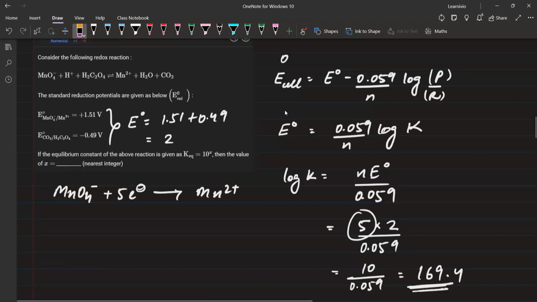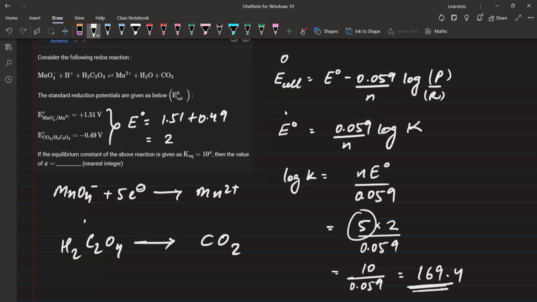So if you look at H2C2O4, it will give CO2, right? Now C is +3, and carbon dioxide is +4. Now, here there are 2 carbon atoms, so here also you'll have to put 2.